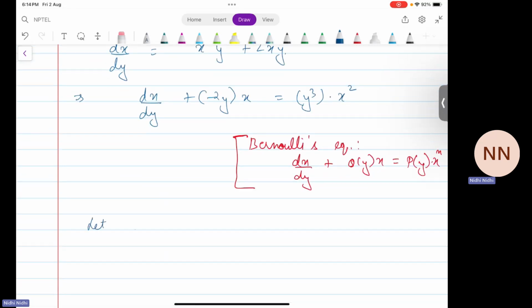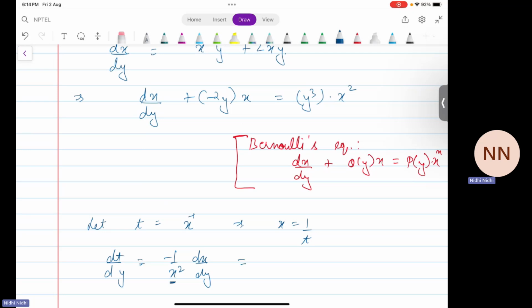We take t to be x to the power 1 minus n. So here n is 2. So we have 1 minus 2. That means minus 1. This gives us x is equal to 1 by t, and dt by dy is equal to minus 1 by x square dx by dy. And what is the value of x square? It's 1 by t.